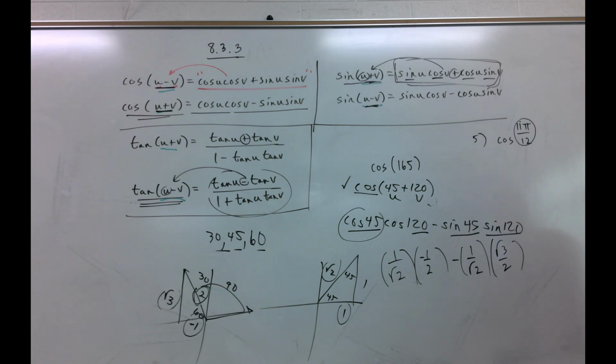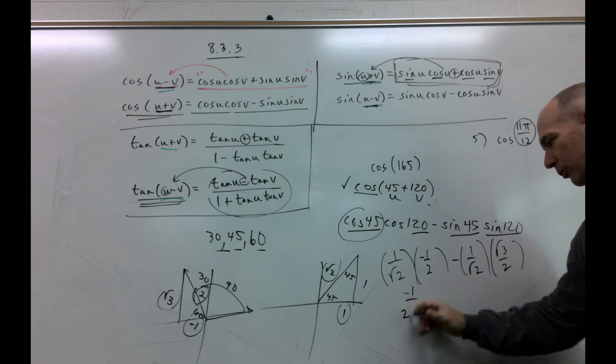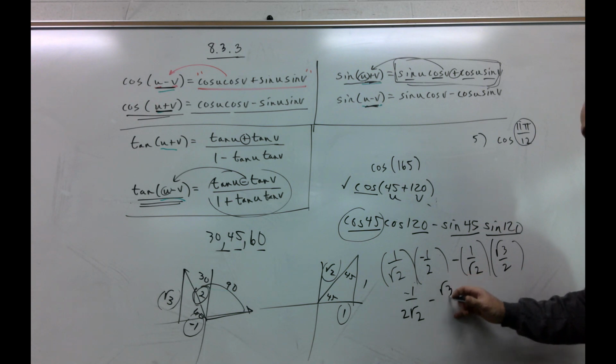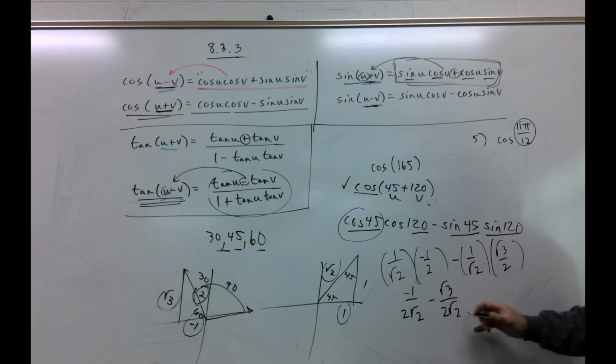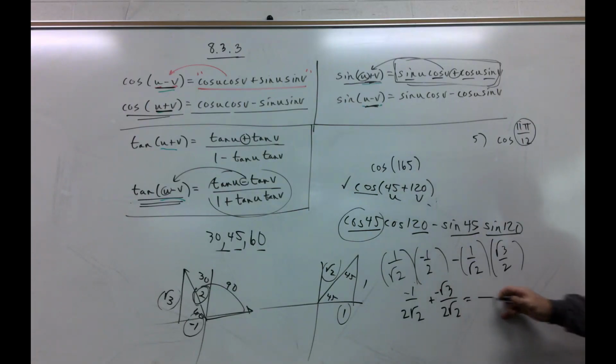Now you're going to notice that these answers are very similar, like to the last problem I did. But if I multiply this together, I get negative 1 over 2 square root of 2 minus the square root of 3 over 2 square root of 2. Again, we've got common denominators. I'm going to add up. So I get negative 1 minus the square root of 3 over 2 square root of 2.